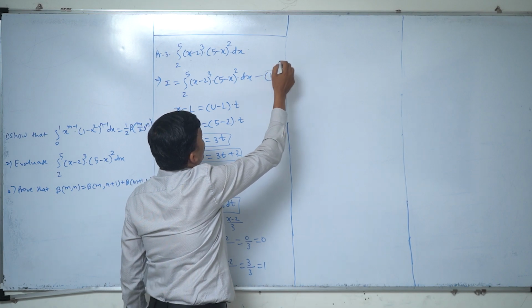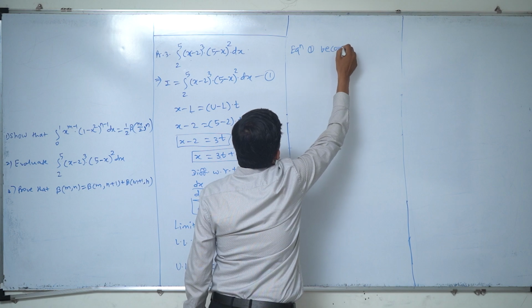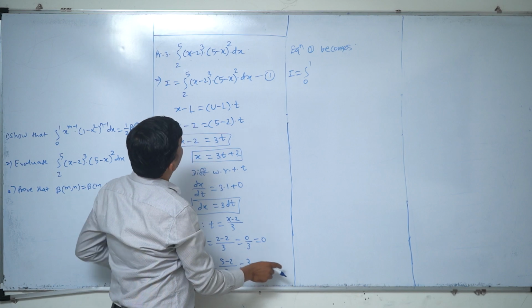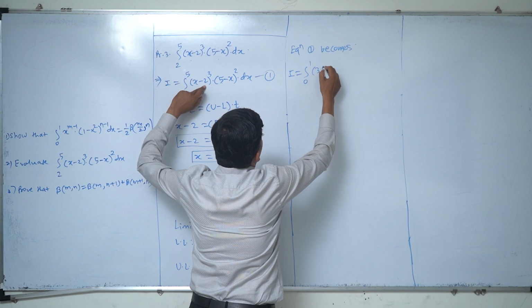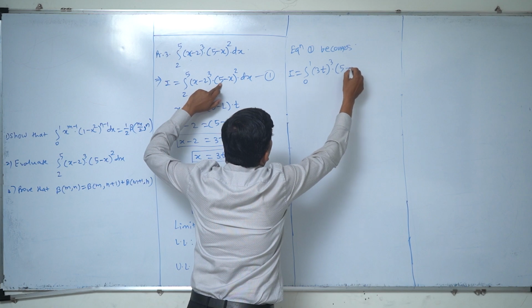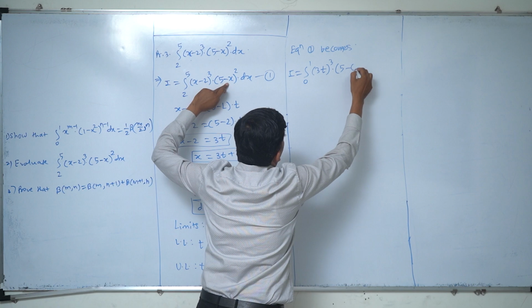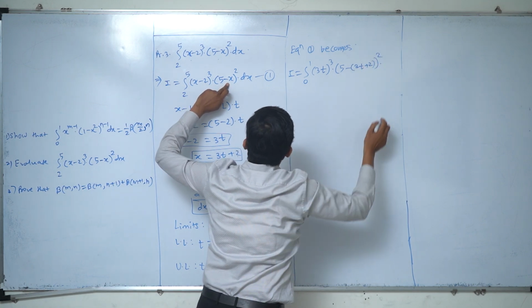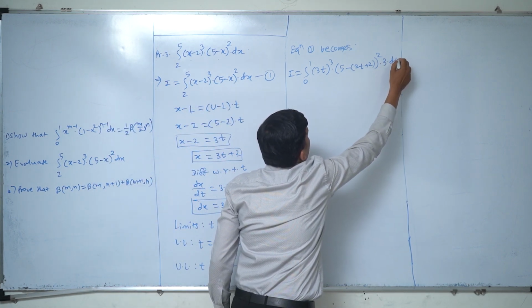Then this equation 1 becomes I equals 0 to 1, x minus 2, but the value of x minus 2 is 3t. So (3t) raised to 3 into, in bracket, 5 minus x. This is x, so minus x means (5 minus 3t minus 2) raised to 2, dx. dx is 3 dt. So 3 dt.